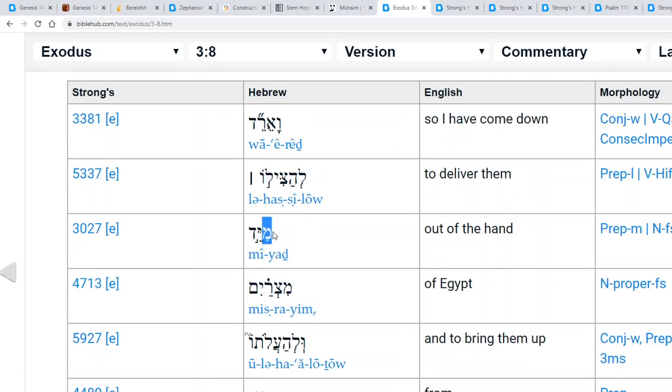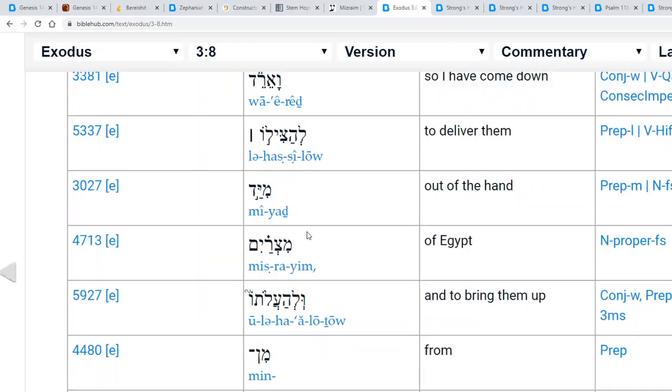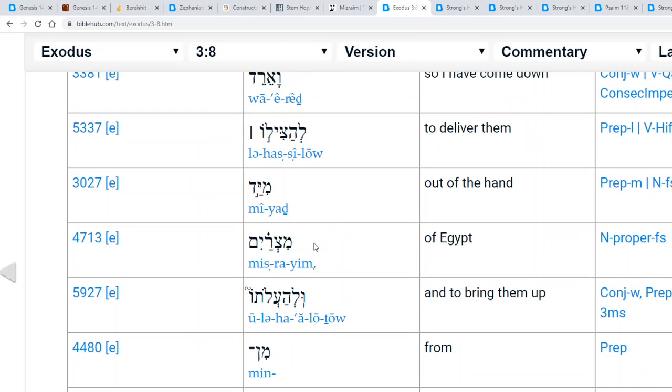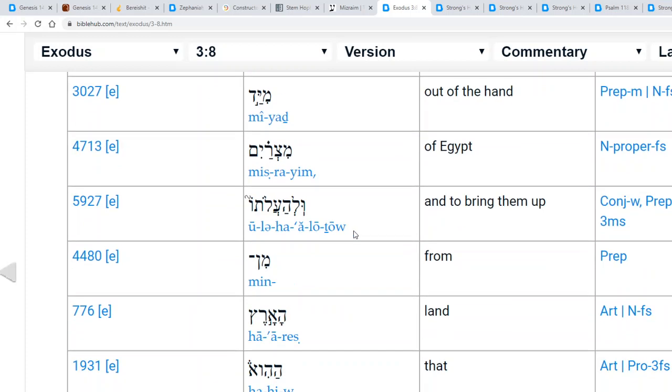Miyad, so this is the prepositional mem. Yad means hand. We have that. Mitzrayim, which is Egypt. Ulehaloto, so conjunctive and prepositional lamed, which is again in the infinitive.